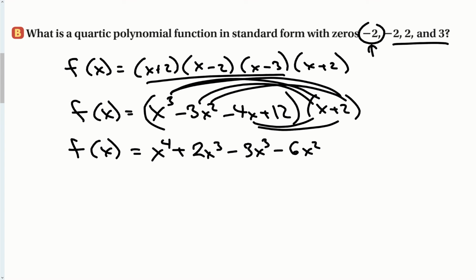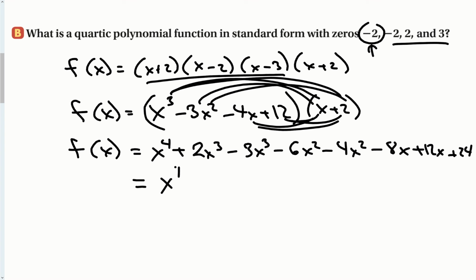The 4x to both of those, minus 4x squared, and a minus 8x. And the last is plus 12x plus 24. Okay. Combine the like terms.